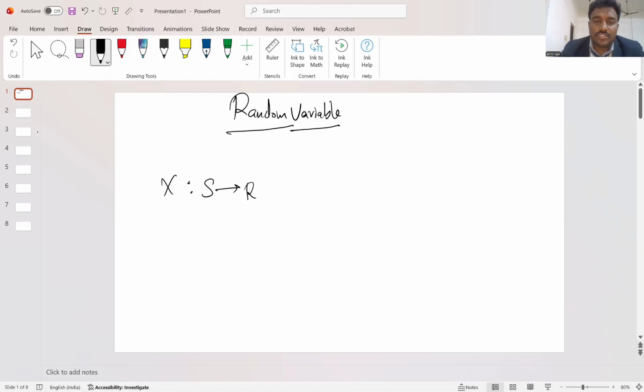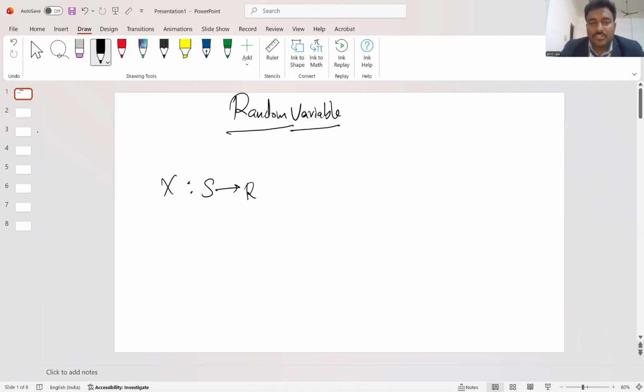Okay, so whenever we say a function, it includes a domain and a codomain. So here the domain is the sample space of a random variable, and the range space, the codomain, is the real number space here. Because domain means we are going to take a problem from that.